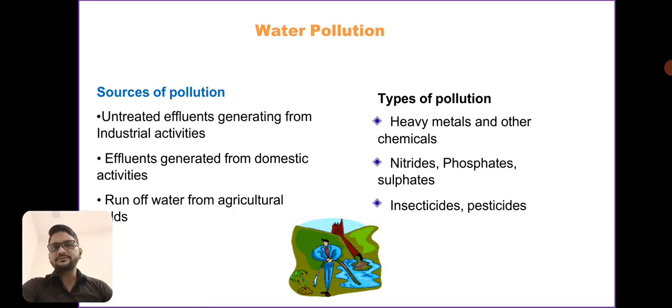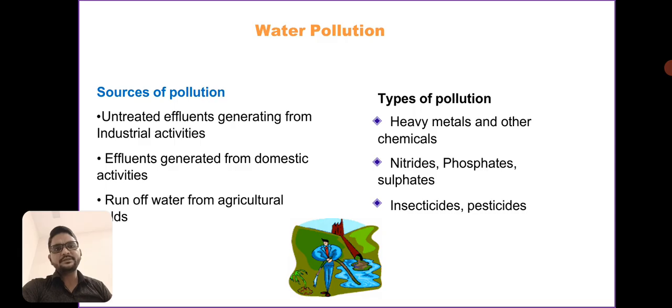Now water pollution, the sources of pollution are untreated effluents generated from industrial activity like industrial waste, effluent generated from domestic activity like domestic waste, and runoff water from agriculture.